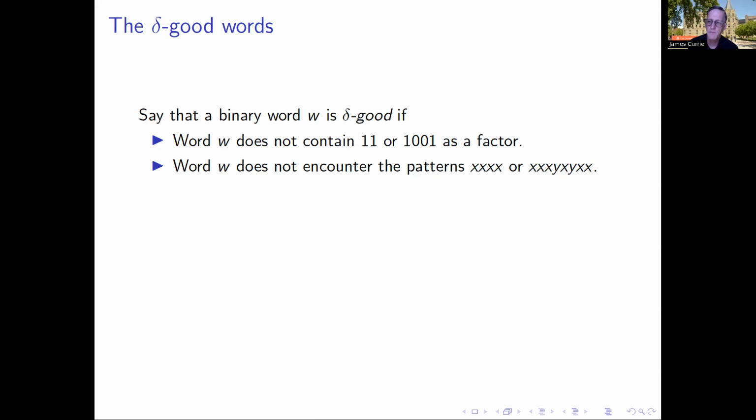But for me, somehow the morphisms, these are classical morphisms, the Fibonacci morphism, the period doubling morphism. So the class of words is interesting because of the morphism, not the other way around. I'm not starting with classes of words. I'm sort of cheating, and I'm starting with morphisms. I'm trying to force the morphisms.